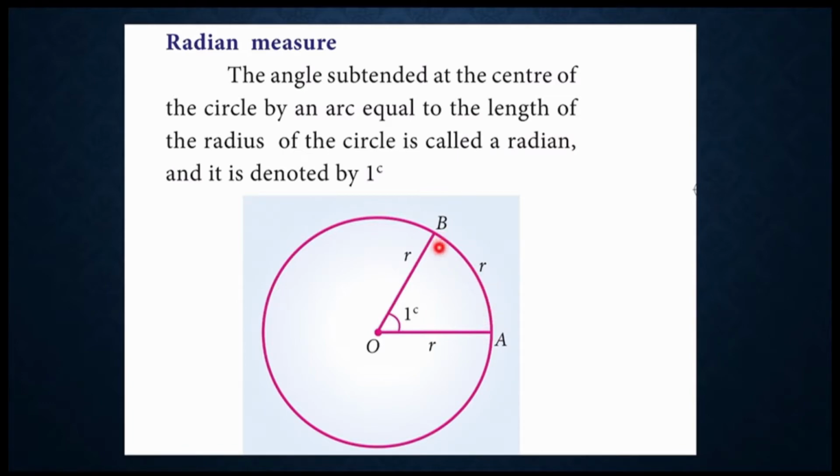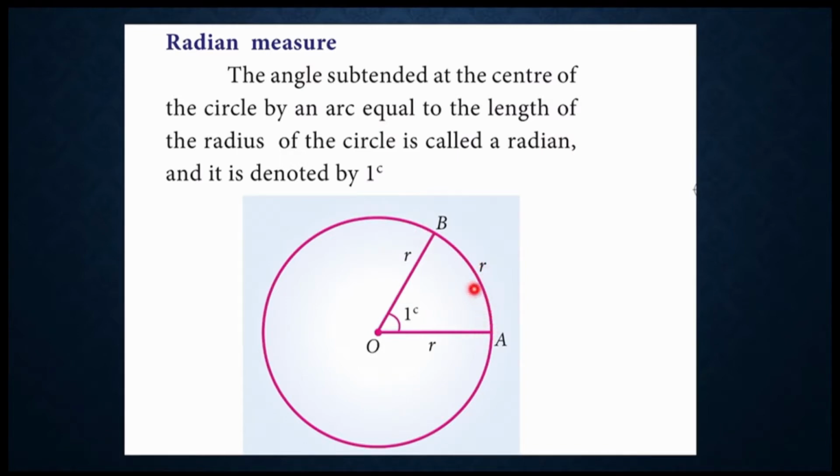So, the angle subtended by r, it is the arc, but its length is also r. So, it is a segment of a circle, a sector of a circle.